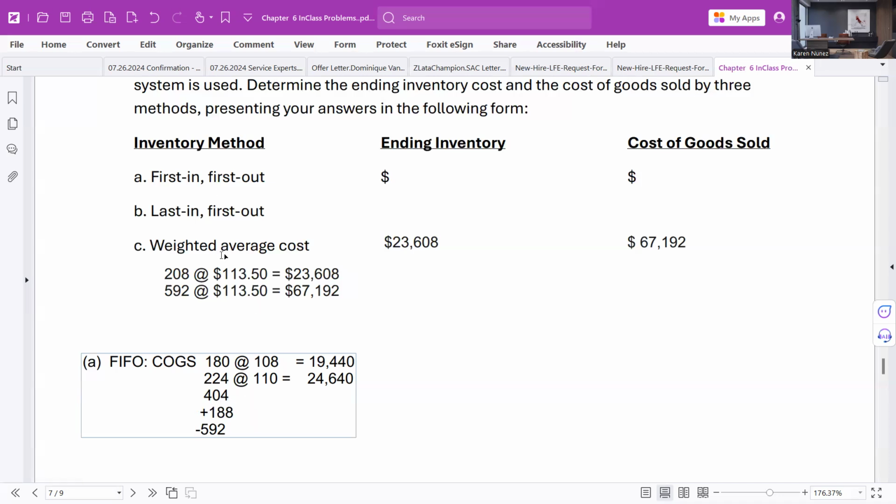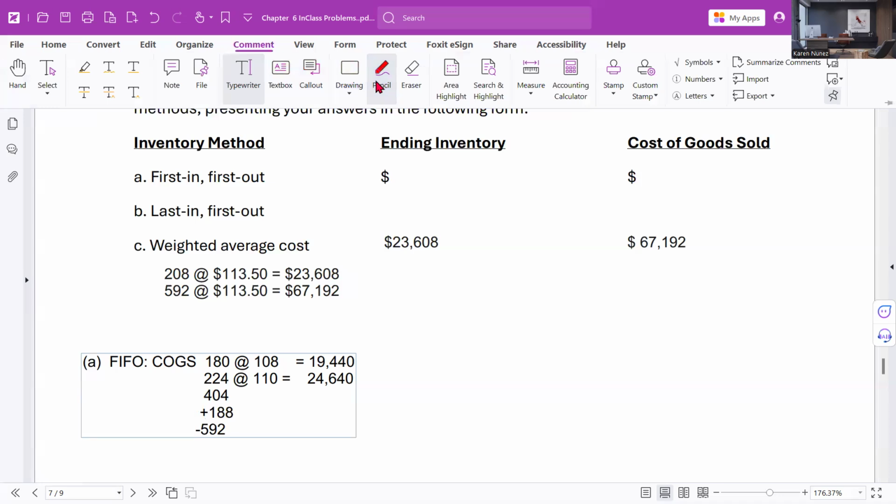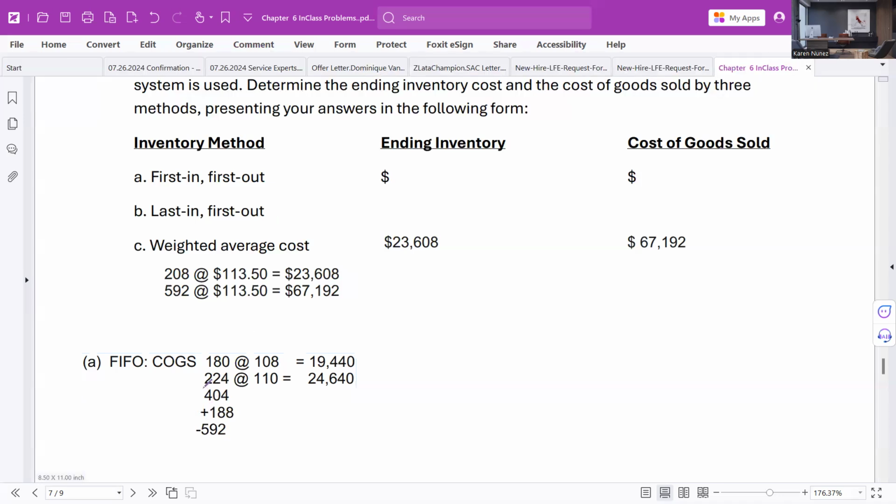So let's make sure: the 180 plus the 224 is 404. But we sold 592. So we need another 188 units. 404 plus 188 gives us the 592.